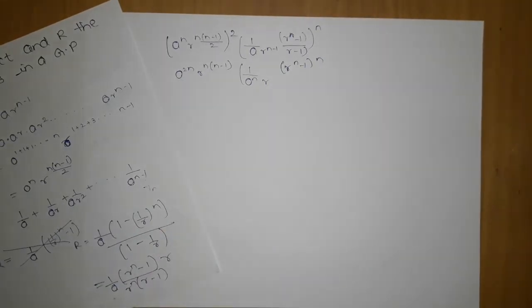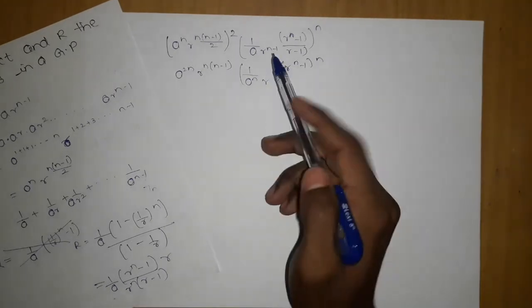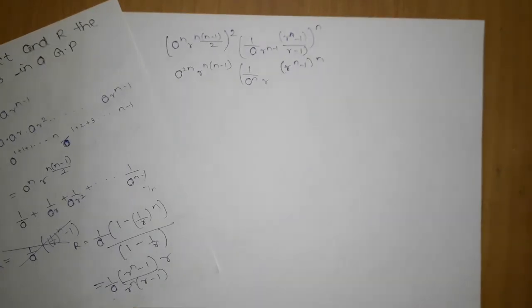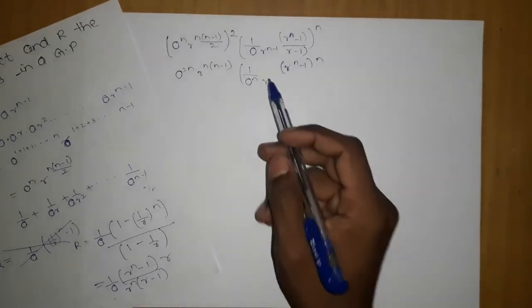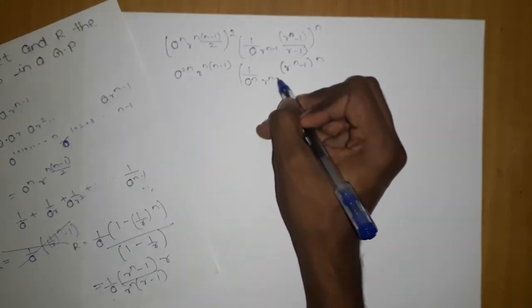Further on, we have not done any calculation mistake, right? n minus 1. Okay, if I bring it up, this r, it is what? n minus 1.